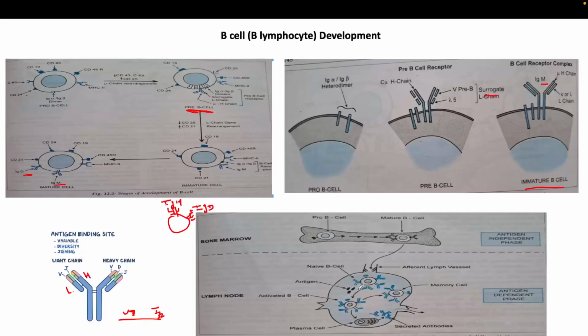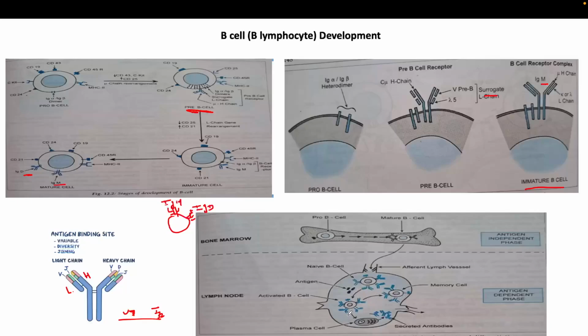Based on this antigen encounter, meaning what kind of antigen it is, it will multiply a particular variation of B cell. Some B cells will divide into plasma cells and some will divide into memory cells, which have the same specificity for this antigen.